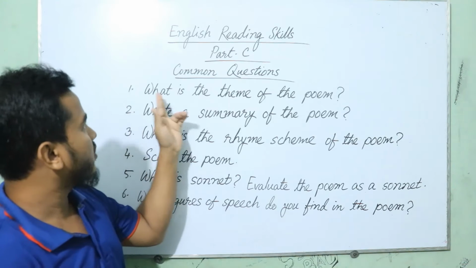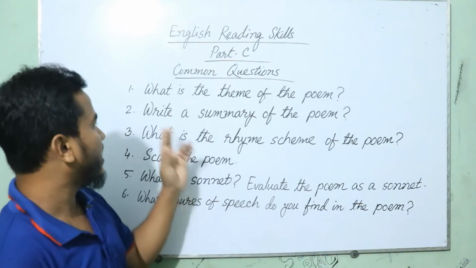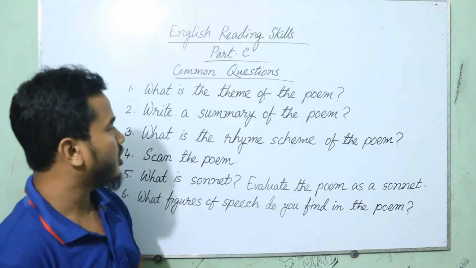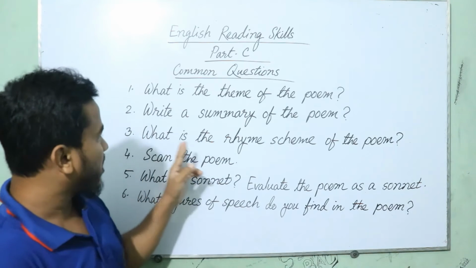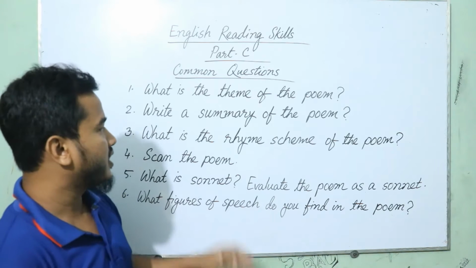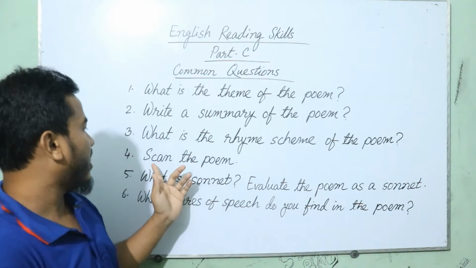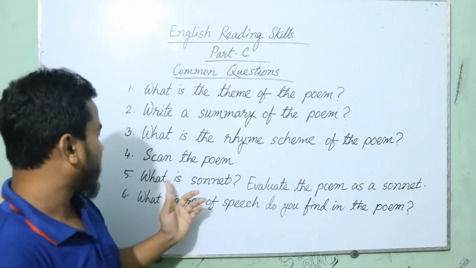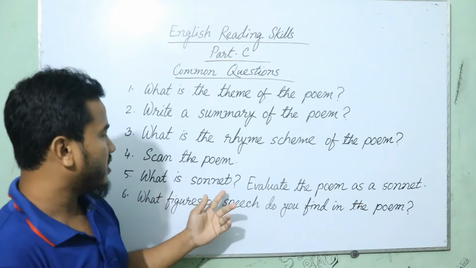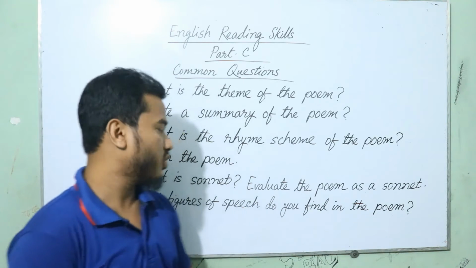There are some common questions in part C. What is the theme of the poem? It is a common question. Another is, what is the summary of the poem? Then, what is the rhyme scheme of the poem? I have taught you how to find the rhyme scheme and how to scan the poem, and what a sonnet is and how to evaluate a poem as a sonnet.